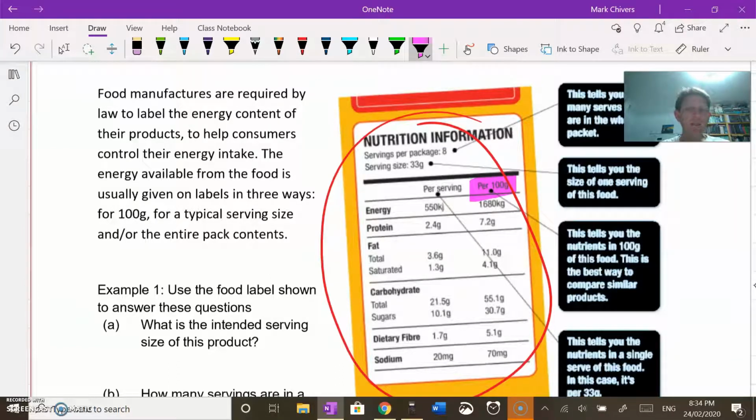As well as that, generally there'll be the per packet if it's a single serving kind of packet, or they'll work out per serving, which is just written there. And if they're going to do that, the serving size and the number of servings per packet has to be shown on the label as well.